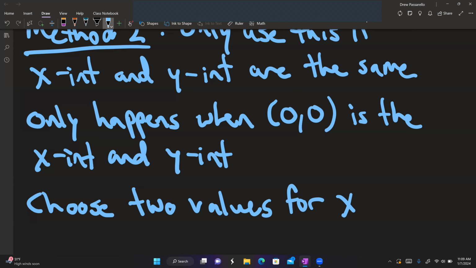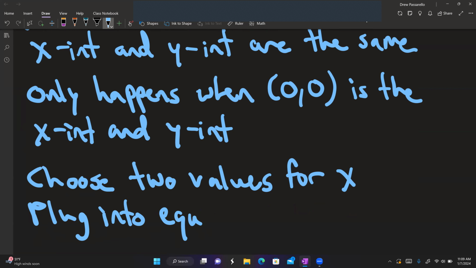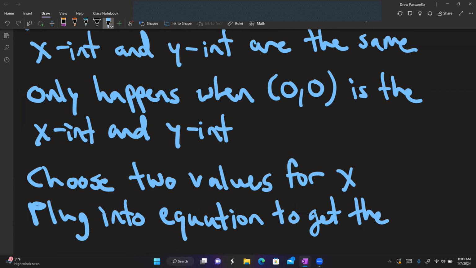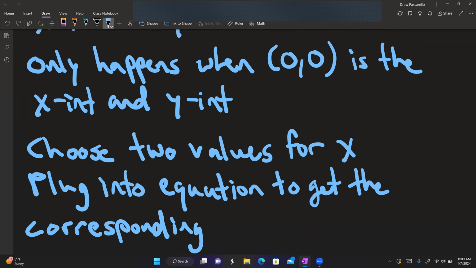Plug them into the equation to get the corresponding y values.